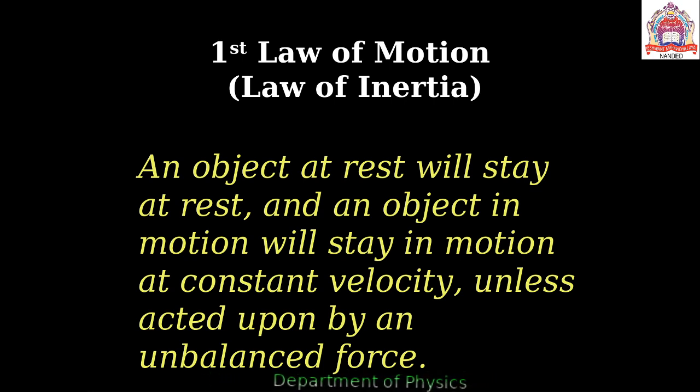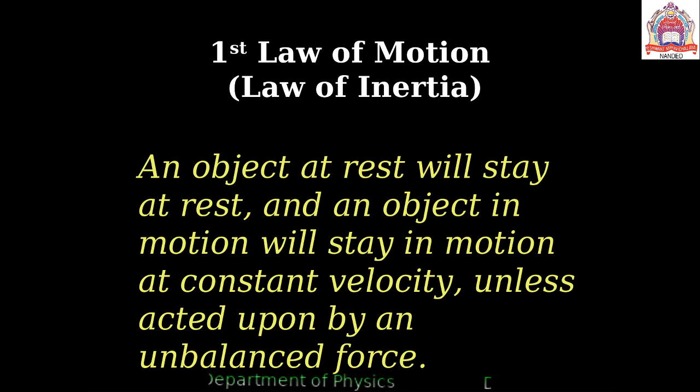But in both cases, acceleration is equal to 0 meter per second squared. So we can say it stays at rest or stays in motion. When it stays at rest, velocity is 0 meter per second, and when the object stays in motion, it has the same velocity.